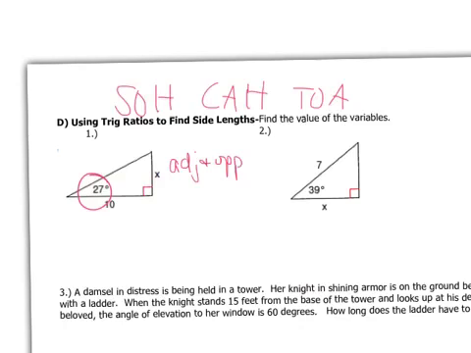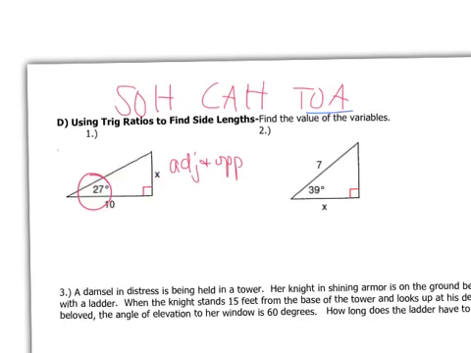What trig ratio does that lead us to? Look at your little tangent, exactly. Tangent is opposite and adjacent. So based on the sides you're given, that leads you to which ratio you're going to use. In this case, tangent.